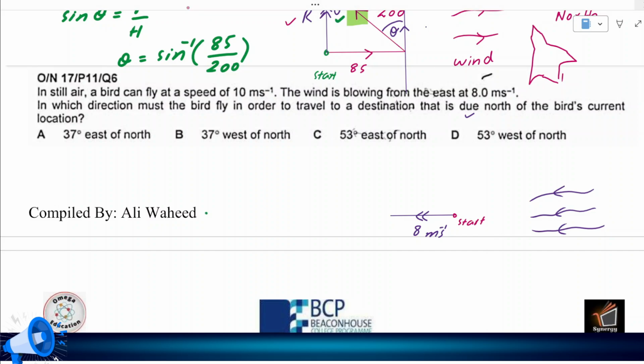Where do we place the resultant? At the start of the diagram, at the tail of the first vector. So it would be like this. This one is the resultant over here. And where do we place the second one? We need to place the second one in such a way that we can complete the triangle.